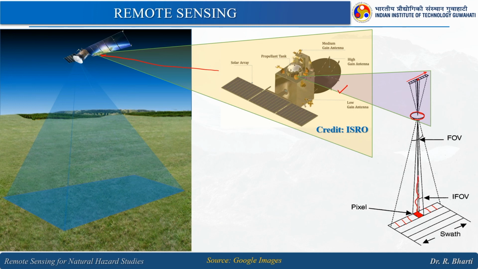Now, the energy which is released or reflected from this particular portion of the area reaches this particular detector, and here we have an analog to digital converter, ADC. Depending upon whether the ADC is 2 bit, 6 bit, 8 bit, 10 bit or 12 bit, your image will have the digital number.